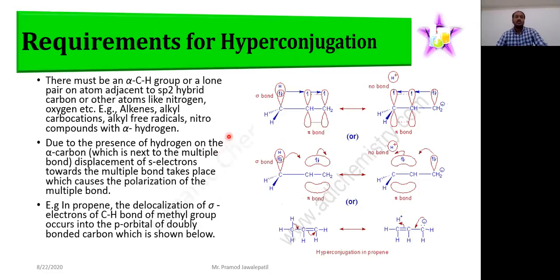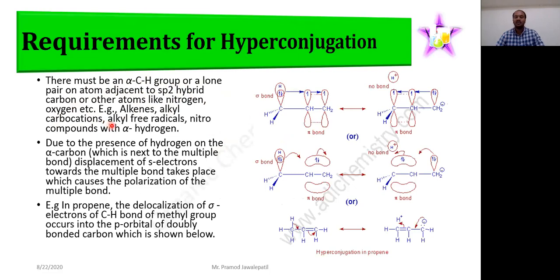So friends, the next point is the requirements for hyperconjugation. What are the requirements of hyperconjugation? Let's check one by one. There must be an alpha carbon-hydrogen group or a lone pair on an atom adjacent to the sp2 hybrid carbon, or other atoms like nitrogen, oxygen.